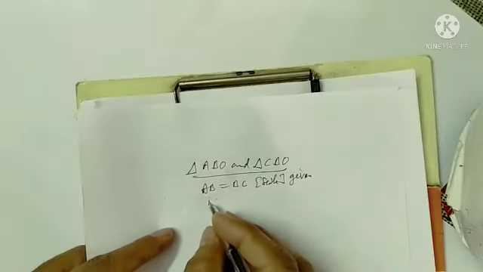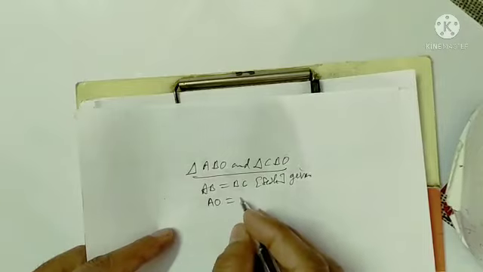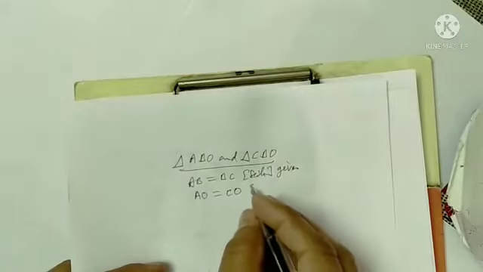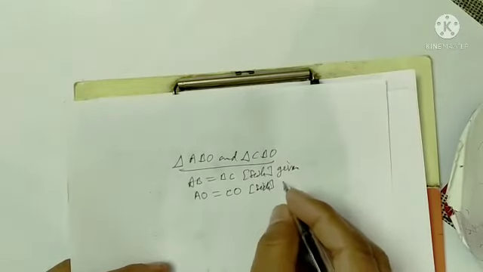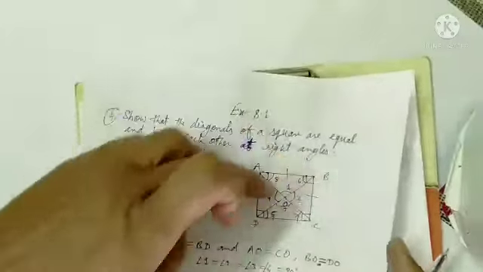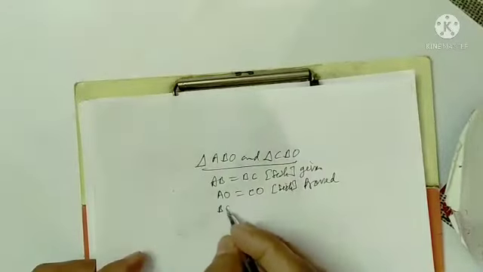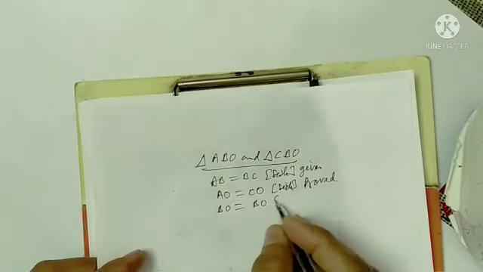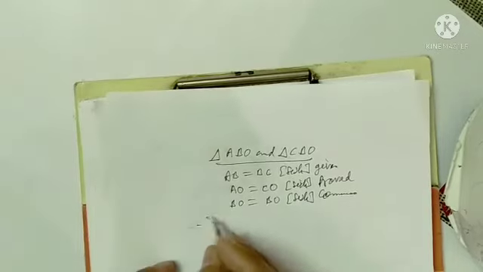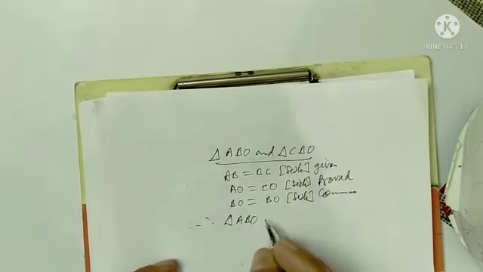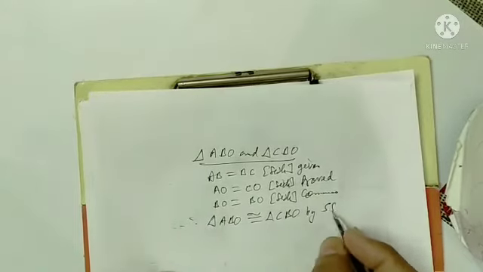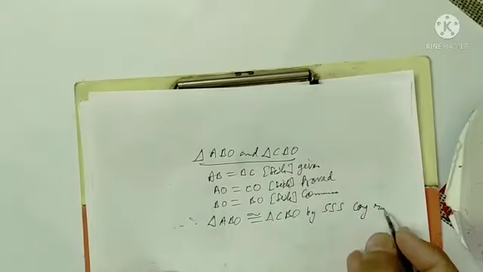And BO is equal to BO, this is also a common side. Therefore, triangle ABO is congruent to triangle CBO by the SSS congruence rule.